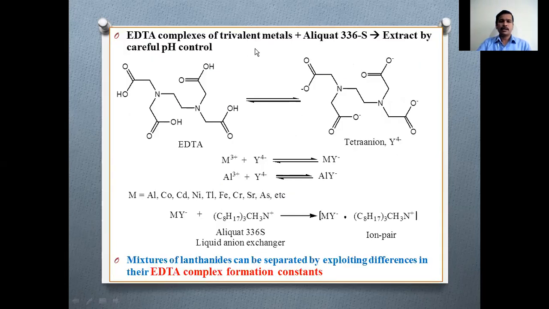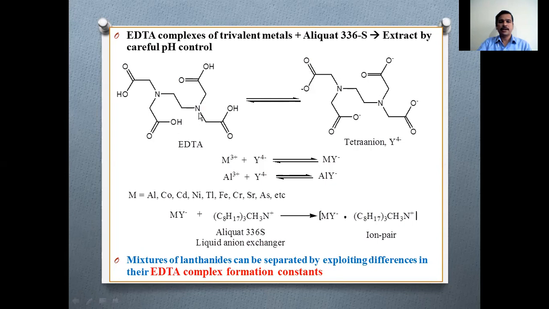And even metal complexes of EDTA are also very, very useful to get extracted into the organic phase. Okay, here the reagent used is Aliquat 336S. Aliquat 336S is a liquid anion exchanger. EDTA metal complexes, particularly trivalent metal EDTA complexes, are also anionic in nature. Let me explain this.